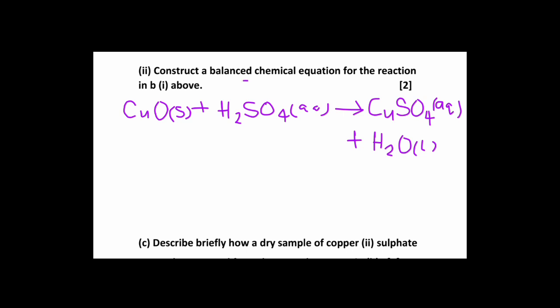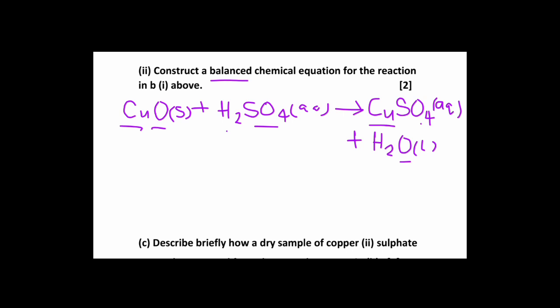Now, the other part is balancing. We have copper 1, sulfate, balance radicals as radicals. So we have one sulfate, we have one sulfate. We have 2 hydrogen atoms, 2 hydrogen atoms, oxygen, oxygen. This equation is also balanced. So as I told you, you are going to tell the examiner that the equation was balanced by giving them a statement.